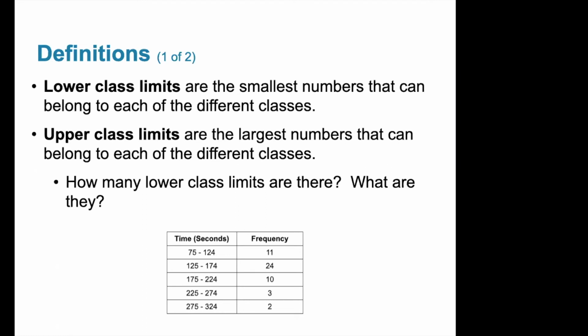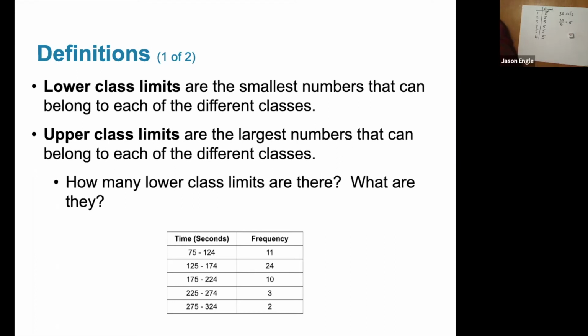And similarly, the second class has the lower class limit of 125. The last class has a lower class limit of 275. So how many lower class limits are there? Looks like 1, 2, 3, 4, 5 lower class limits.